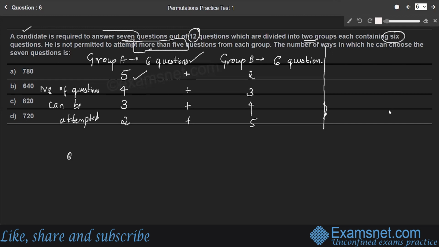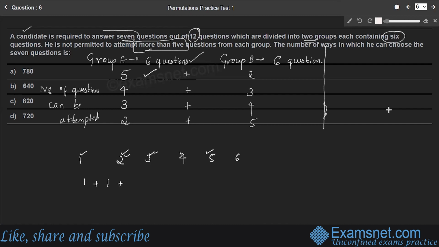For example, there are 6 questions in group A: 1, 2, 3, 4, 5, 6. He has to answer 5 questions according to the first case, right? So he can choose 1, 2, 3, 4, 5, continuous questions. This is one way. Or he can choose 2, 3, 4, 5, 6, another way.